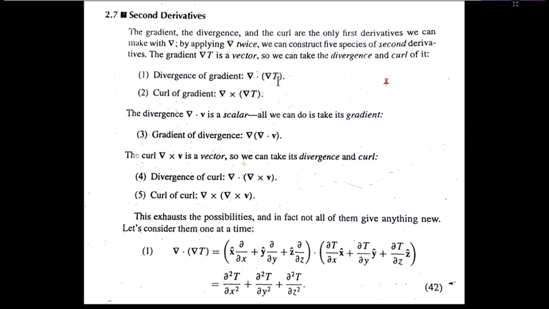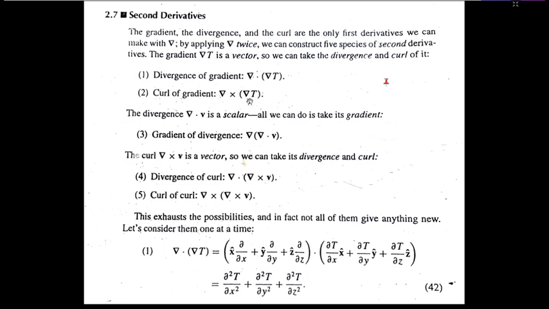If T is a scalar quantity, we are applying just a del operator on that. So del T is the gradient of T, and that is a vector. If it's a vector, I have two options for a second derivative: either a dot product or a cross product.